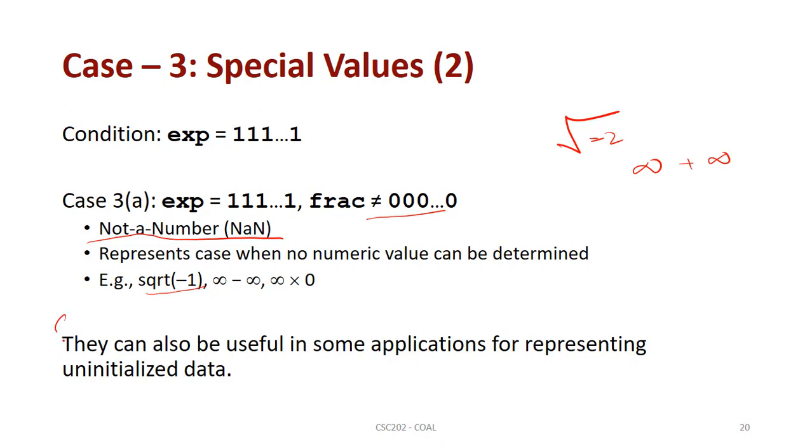This is one use case where we can use special values, like if we do not want to use uninitialized data, not a number is a good option. If you are using a floating point number and you want to ensure that it is not used uninitialized, or you are not going to initialize some part later in the code, you can explicitly hard code it as not a number.